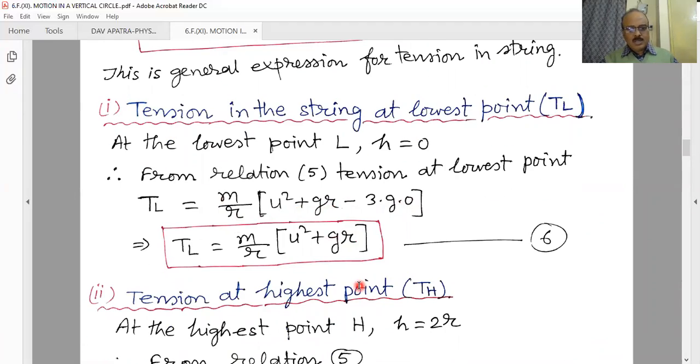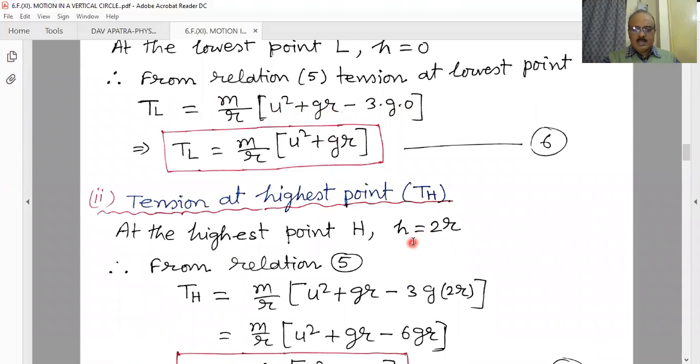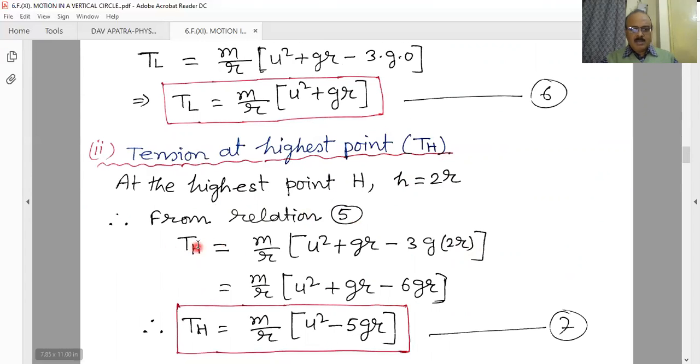Let us suppose now we have to find the tension at the highest point, TH. At the highest point, the height h will be 2r. So in the above equation 5, in place of h we have to put 2r. Then TH, that means tension in the string when the object is at the H point, that is the highest point, is equal to (m by r) into (u square plus gr minus 3g) into 2r.